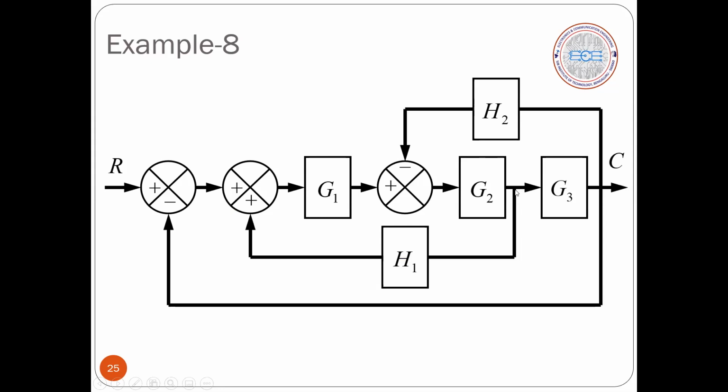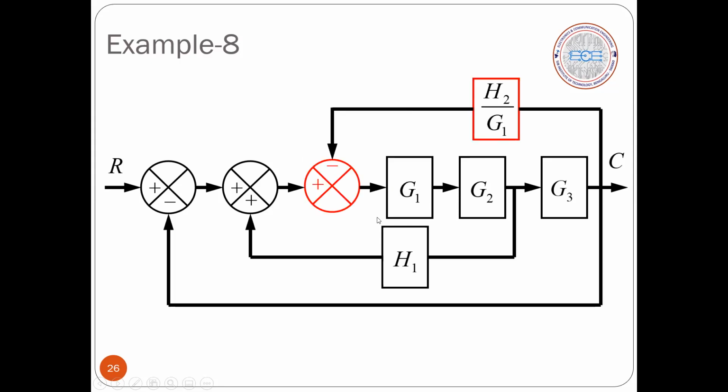I repeat, you can take this takeoff point in front of G3 and then simplify, that is also possible. Or else you can shift this somewhere to the left and simplify. That's what we have done here. We have shifted it somewhere to the left. You will see that the summer was here before, and now it has gone to the left of the G1 block.